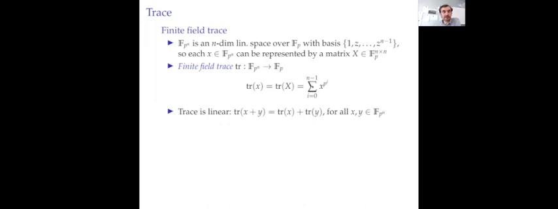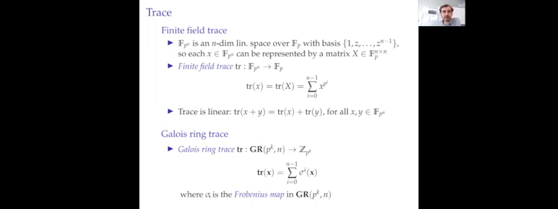And also the trace is linear. That's clear from this matrix definition, but from this algebraic definition, it's not clear at all. And that's one of the important properties of the trace, that it's linear. Okay, and so in a Galois ring, it's very similar. We use basically the same algebraic expression as here. And so this sigma to the i means we apply i times something called a Frobenius map.